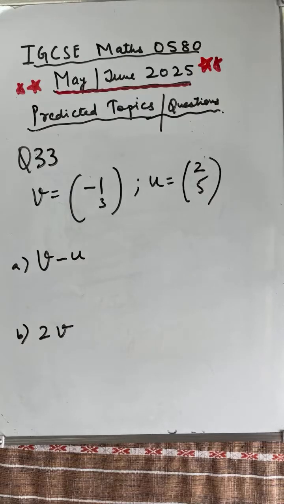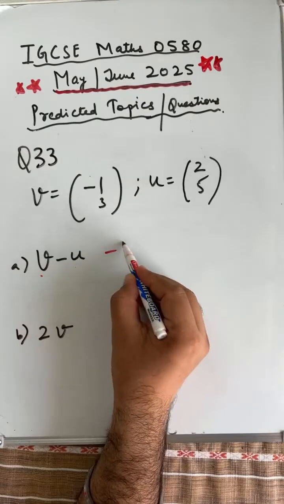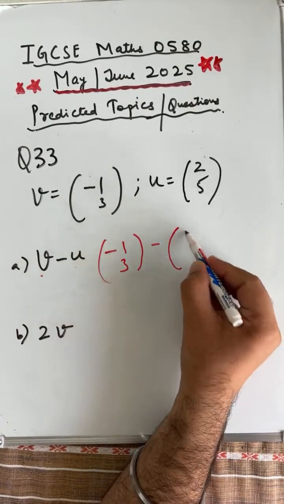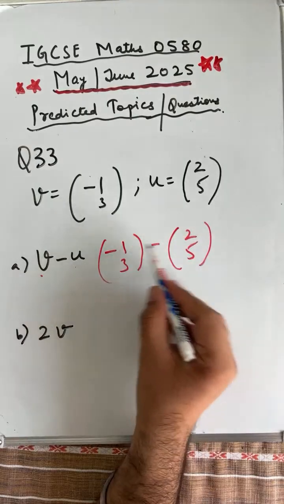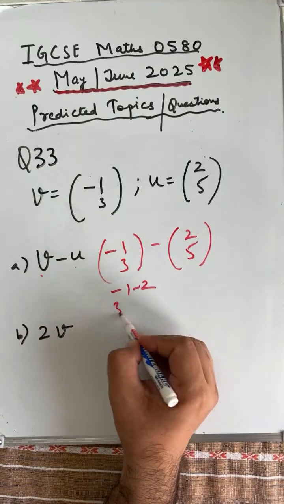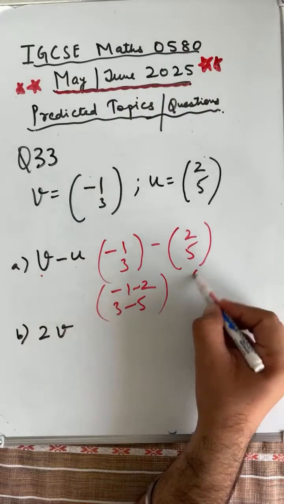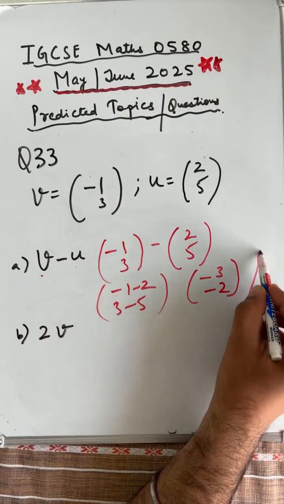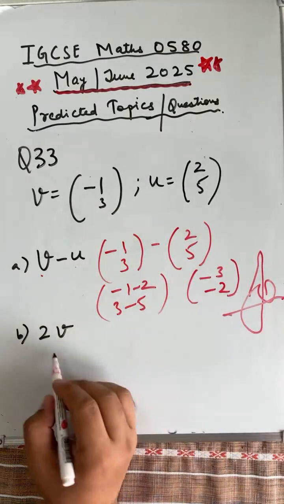Okay, correct. Now v minus u: minus 1 minus 2, 3 minus 5. This will be (minus 3, minus 2). This will be the correct answer.